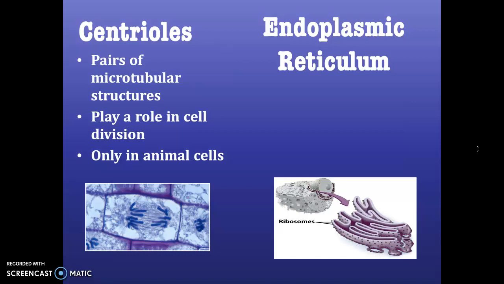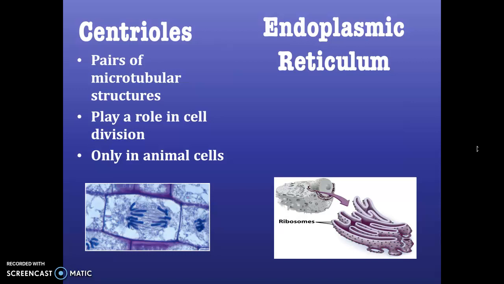Okay, what these things are, they are pairs of microtubules. So the centrioles come from the cytoskeleton. They develop right before cell division begins. So they are a part of the cytoskeleton, and they only show up to help with cell division. Okay, and again, found only in animal cells.